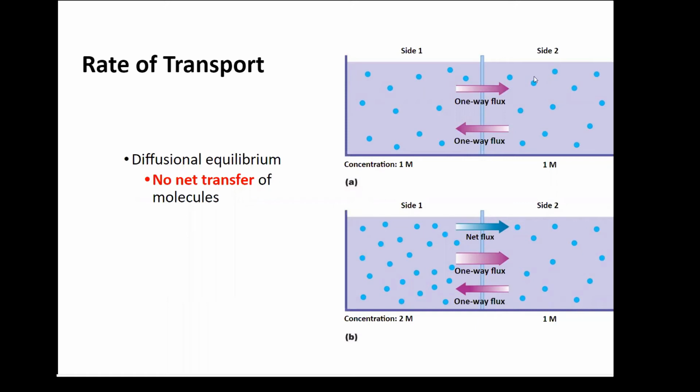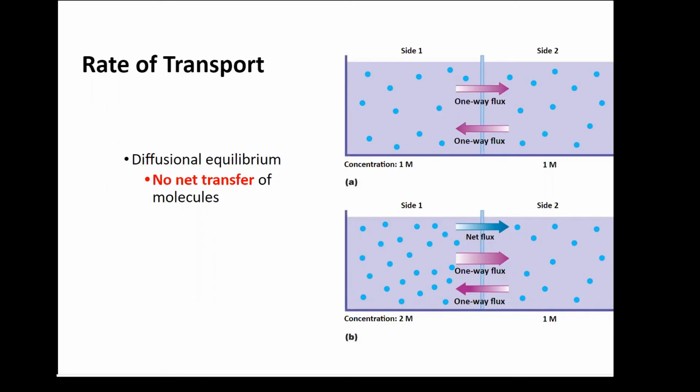Whenever we have molecules floating around inside the cell, floating around outside the cell, we're going to have a little movement across the membrane and a little movement back across the membrane if the membrane is permeable to that substance. When we're at diffusional equilibrium, the amount of that molecule moving out of the cell is the same as the amount of that molecule moving into the cell.